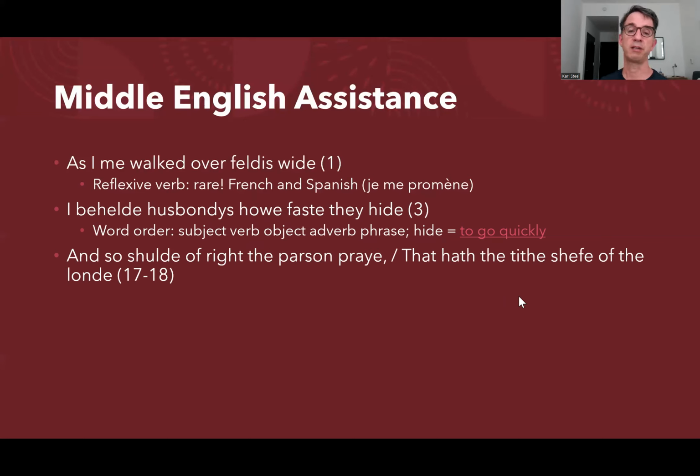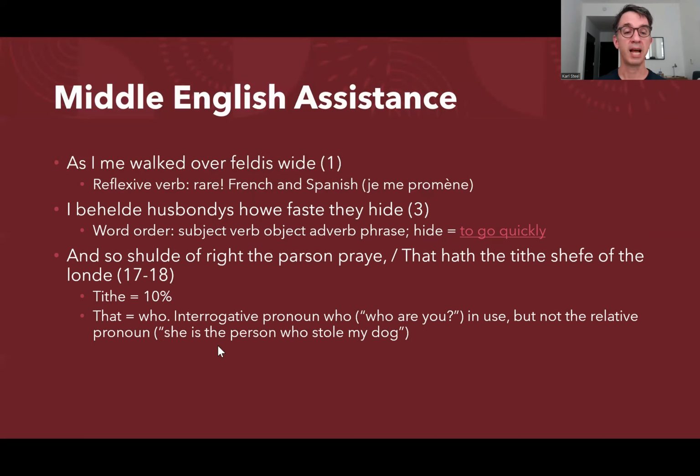"And so should have reached the parson pray that hath the teeth sheaf of the Lund." And so by law, the praying priest who has the tenth part of the harvest of the land. So teeth, of course, means 10%. And that is, we would translate as "who" in modern English. Middle English at this time does have the interrogative pronoun who, like who are you?